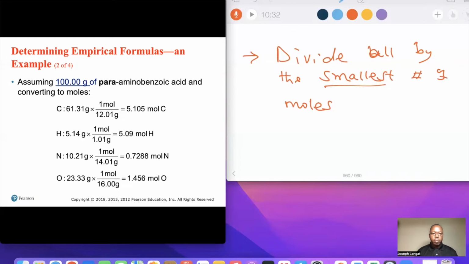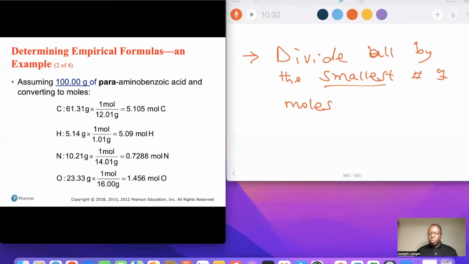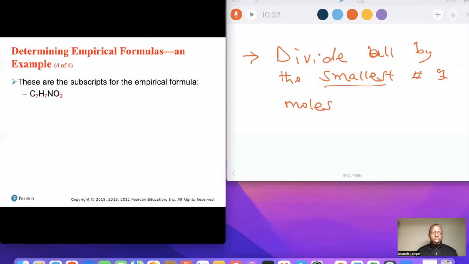Oh, we have oxygen. Okay, we had nitrogen again, so that's going to be nitrogen. We had nitrogen here, so we will have to use oxygen. This will actually give us the empirical formula C7N2.